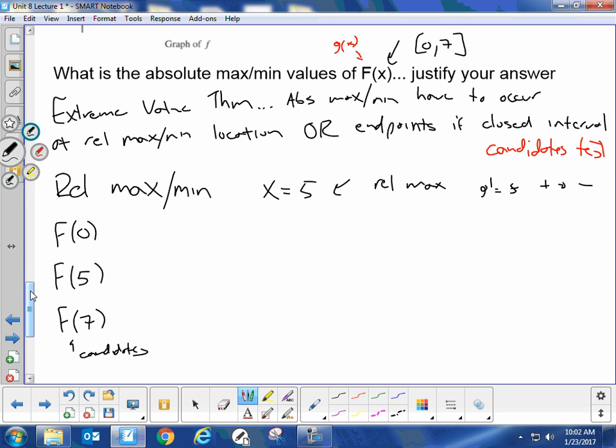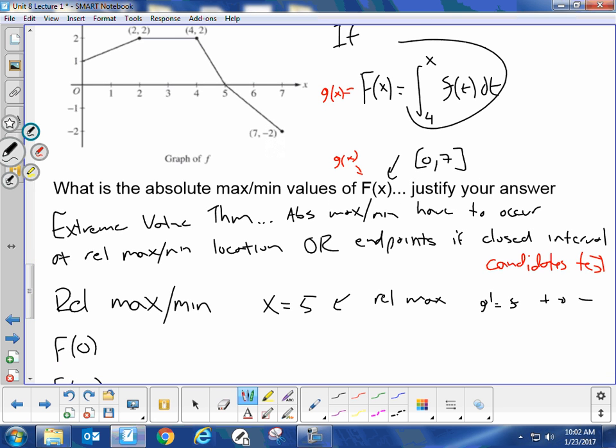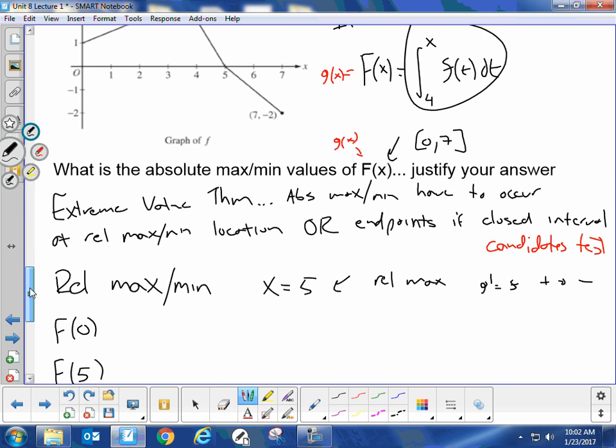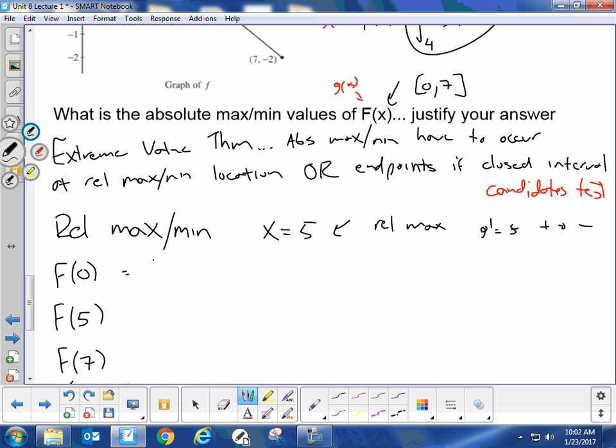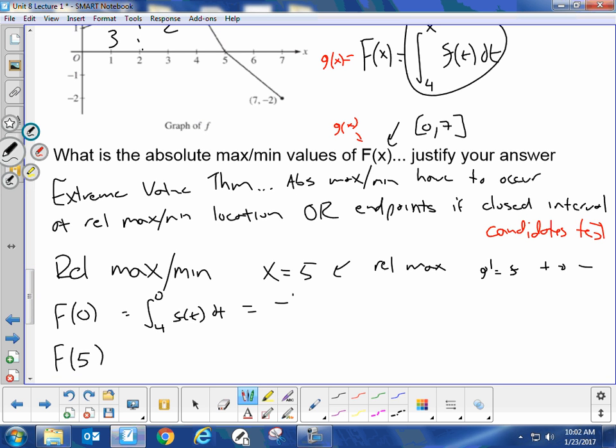Now, big F of 0 would be the integral, and this is where we go back to this. We use this to find the actual values. Big F of 0 would be the integral from 4 to 0 under f, regular f. Now, this is 2 here, this is 3. Since it's 4 to 0, it would be the opposite, so this would be negative 5. Big F of 5 would be the integral from 4 to 5 under f.